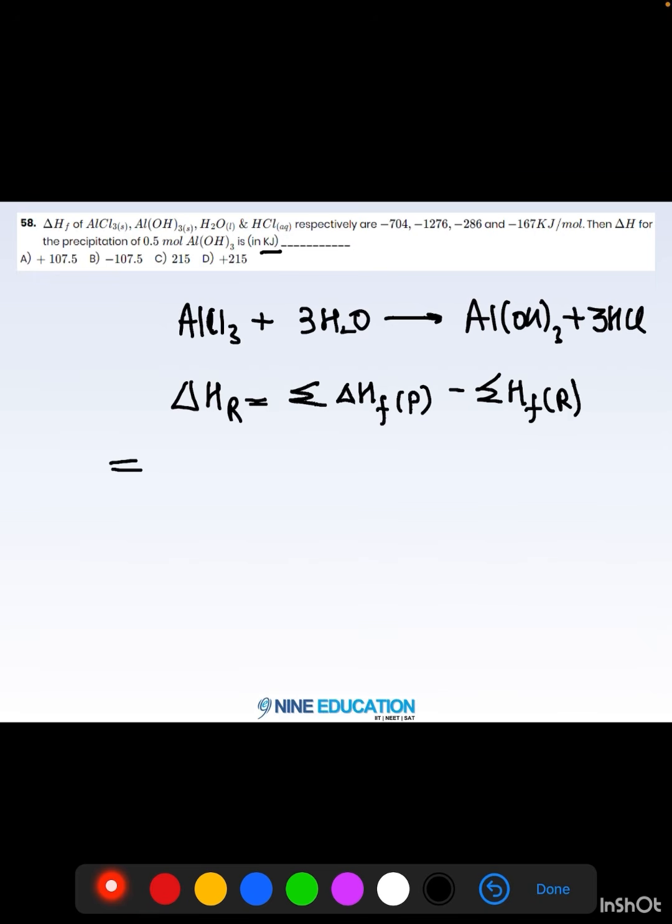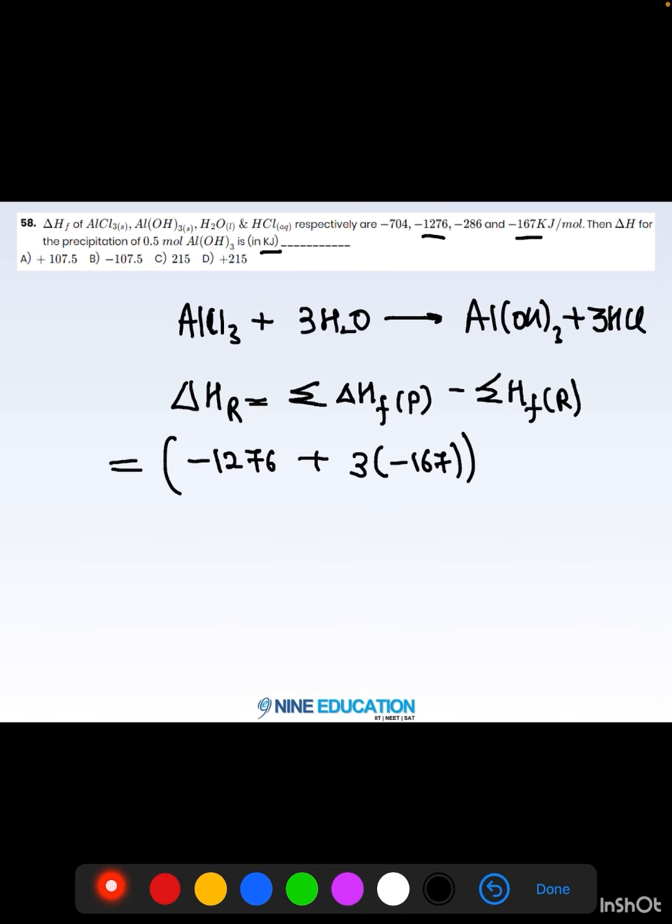Now for the summation of delta HF of products, we have Al(OH)3, whose delta HF is given as -1276, plus we have 3 HCl. HCl's value is -167, so plus 3 into -167.